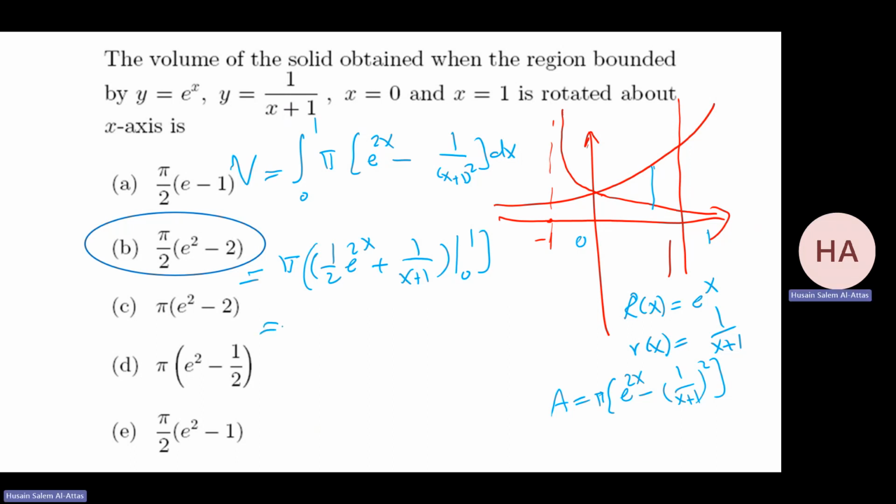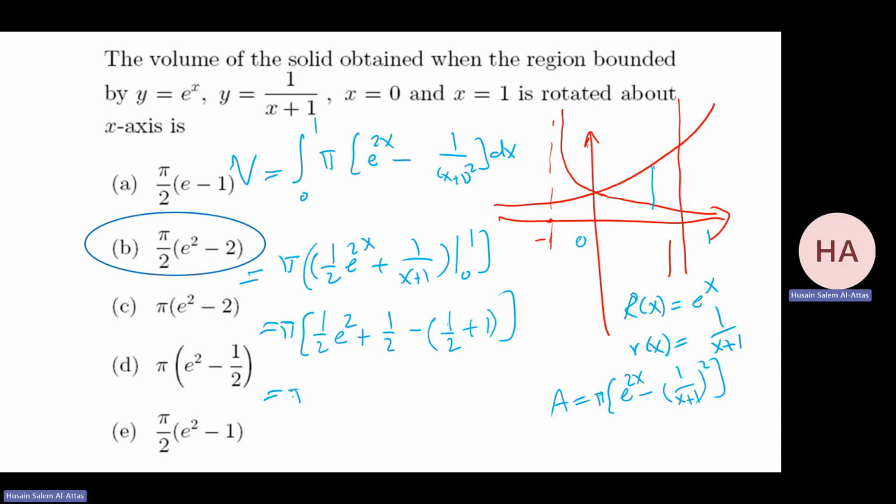That gives me pi, yeah, be careful here. I have half e squared plus half, minus what? When I put the 0, minus 1. Minus 1. No, not minus 1. Minus half plus 1.